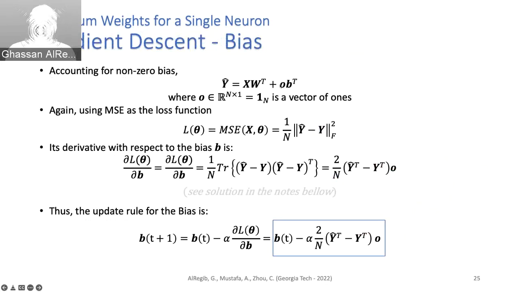Because Y is a matrix, X times W is a matrix, B is a vector. So we take B and just repeat it. That's all what we are doing, right? So this vector of all ones is basically taking the B and just repeating it, so we can make a matrix. So the notation can be correct when we add them together in here, dimension-wise.